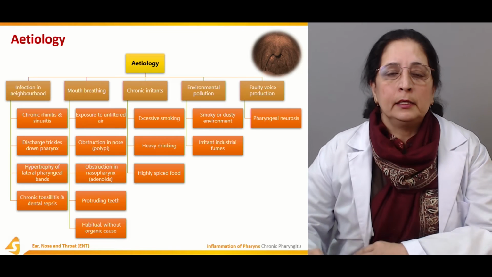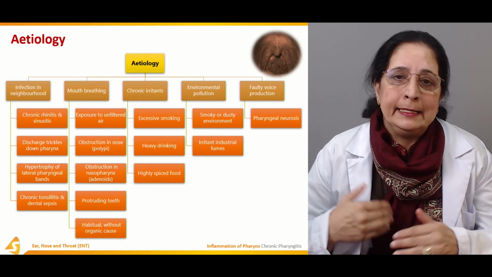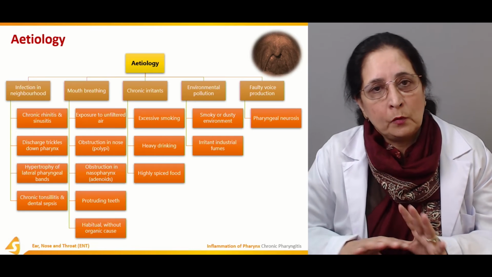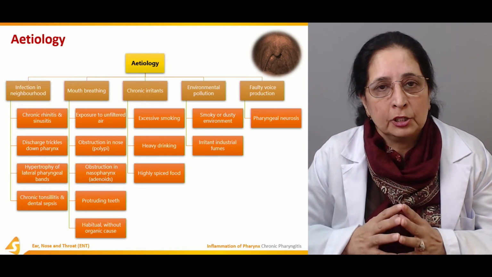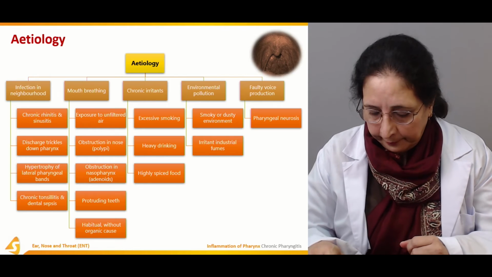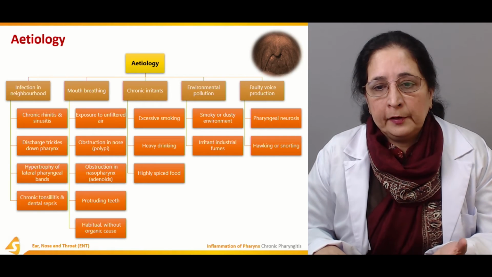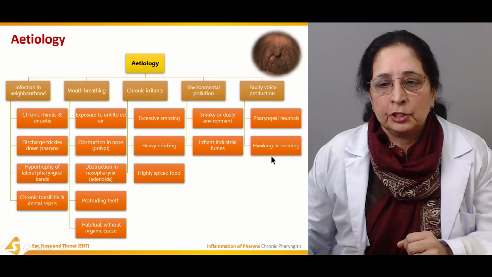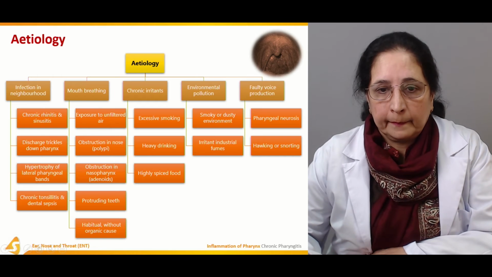All these are causes of chronic pharyngitis that lead to exposure of the pharynx over a prolonged period of time, leading to chronic infection or inflammation of the pharynx. In pharyngeal neurosis, there is faulty noise production, and hawking or snorting is also present.